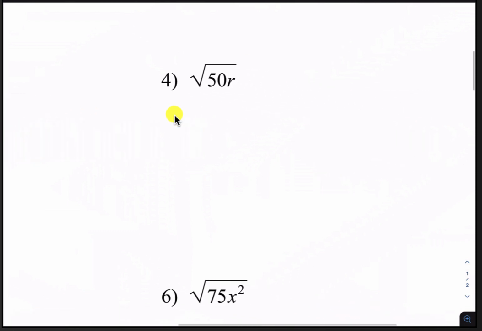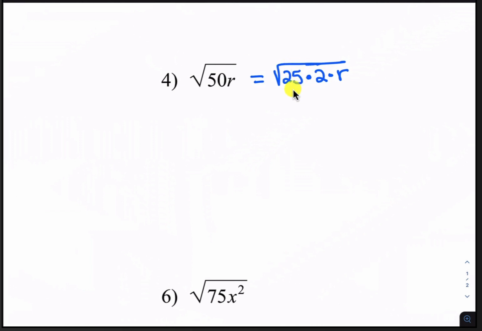Number 4, we have the square root of 50r. Now 50 is not a perfect square, but we can break down the 50 using 25 times 2. So square root of 50r is square root of 25 times 2, and then times r.